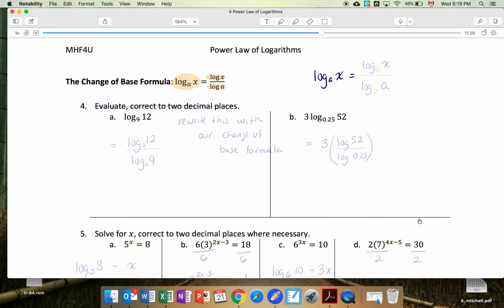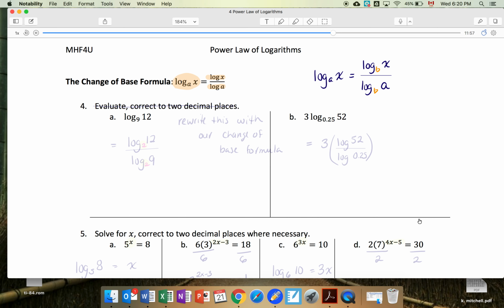But really you can write it in terms of any base. So this is equivalent to log base b of x, so any base. Whatever I'm taking the log of originally is going to go in my numerator. And then whatever is my original base, so I have log base b of a. It was originally base a, that's what goes in the denominator.